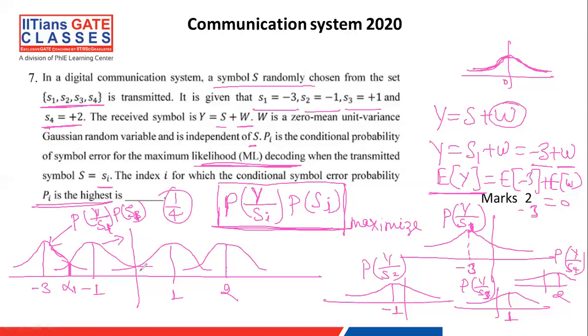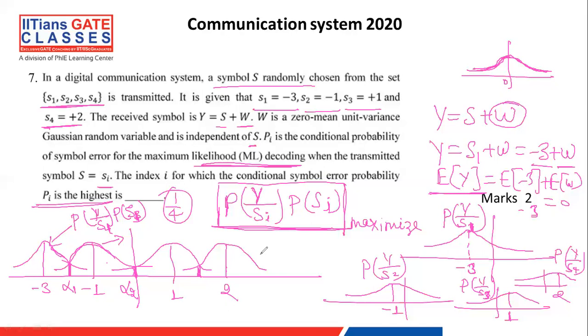Similarly, at this point, let's say this is alpha 2. Below this point and after alpha 1, this PDF is always greater than any other. So if the signal y falls in this range, we will decide in favor of S2. Similarly, from here to here, we will decide in favor of S3, and from here to infinity, we will decide in favor of S4.